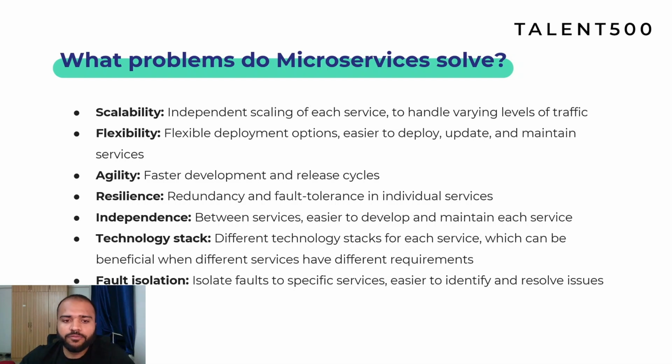Okay, if it needs to be close to the database, it needs to have some kind of cache or something like that. So you have flexible deployment options in that sense for each microservice independently, and it is easier to update and maintain those things also because they are smaller, they are much more independent from the other microservices in your system.